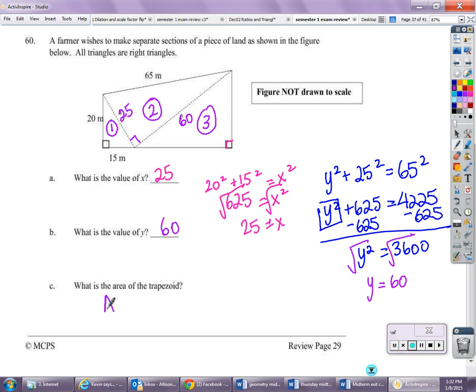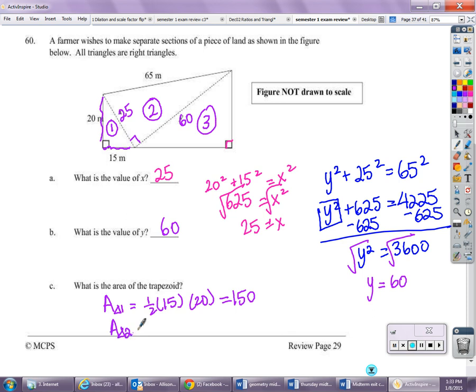So the area of triangle 1 is 1/2 base times height. So I can see that the base is 15 and the height is 20. When I put that in my calculator, 1/2 times 15 times 20, I get 150. Cool. All right.